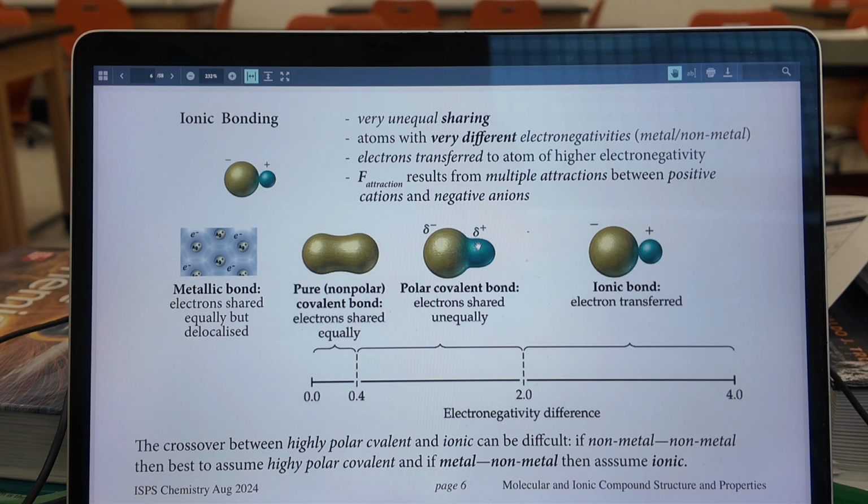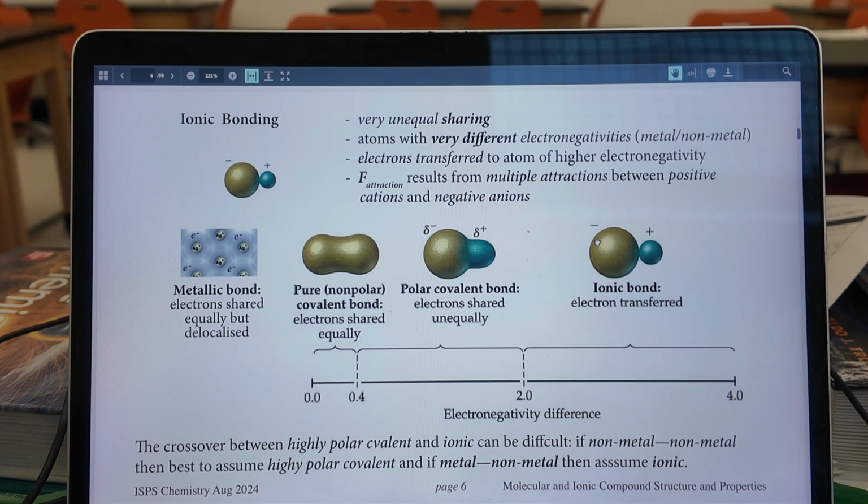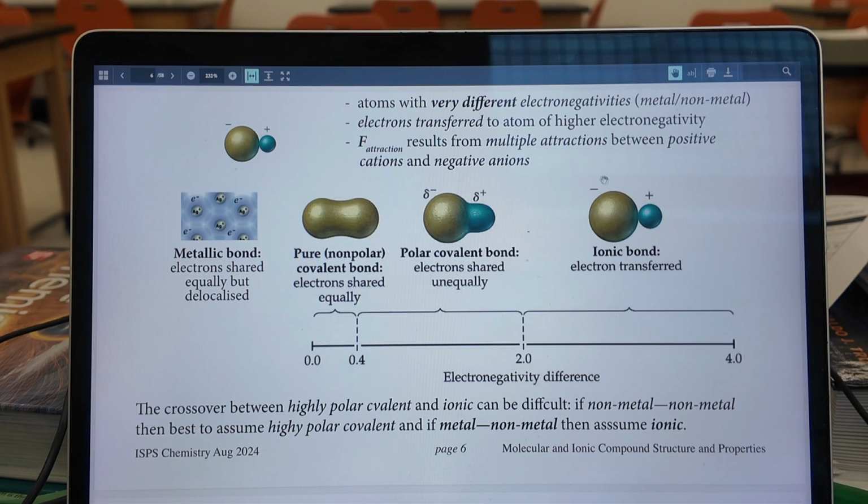This sign here means that it's not entirely positive or entirely negative, but somewhat positive and somewhat negative. And here is an entirely negative and an entirely positive, and this is called an ionic bond.